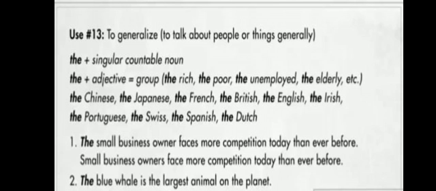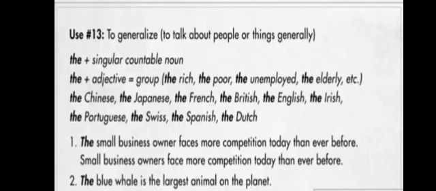Now, over here you can see in the first place, the will be used plus a singular countable noun. Then the will be used plus an adjective to denote a group: the rich, the poor, the unemployed, the elderly, etc. It means that you are going to make use of the word the along with some adjective.